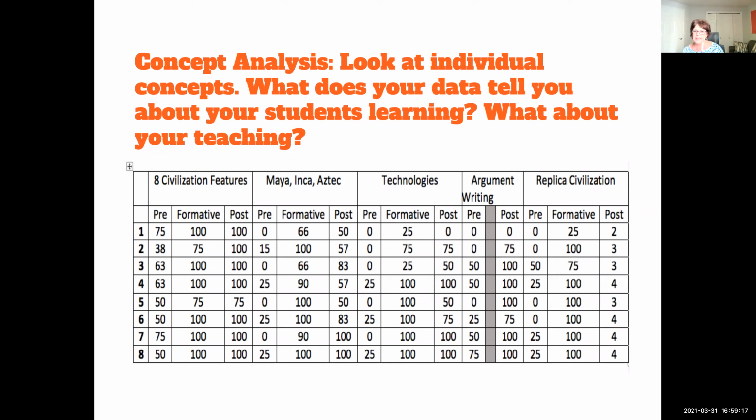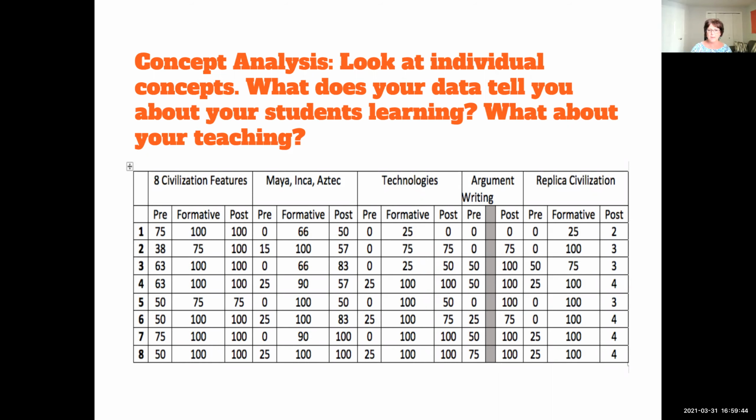And what's really helpful in this kind of analysis is that it allows you to see holes in your teaching. So if most of the students score really low on the Maya, Inca, and Aztec questions, guess what? Either the assessment didn't measure it appropriately, or they didn't get it from the teaching.